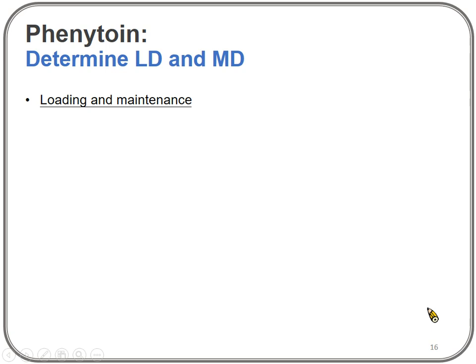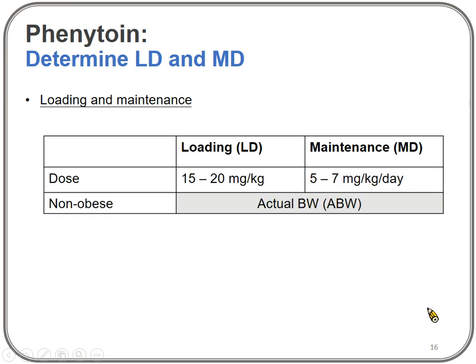To determine the loading dose and the maintenance dose, it is important to know which body weight we need to choose. The loading concept here is when your patient is seizing, we would like to stop the seizures as soon as possible. So we need to load the dose to ensure the concentration goes to the effective level in as short a time as possible.